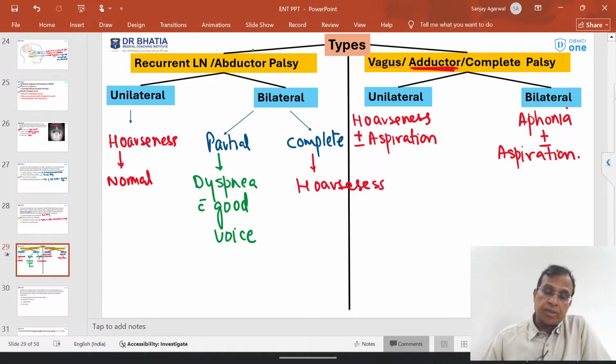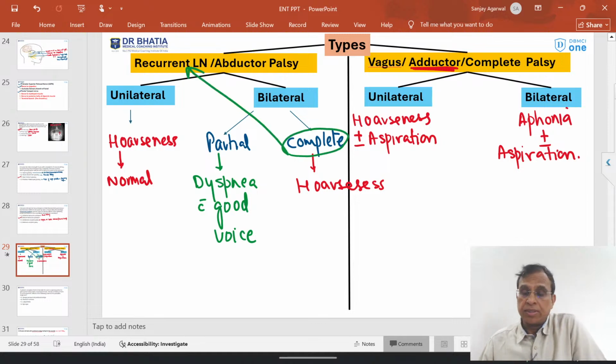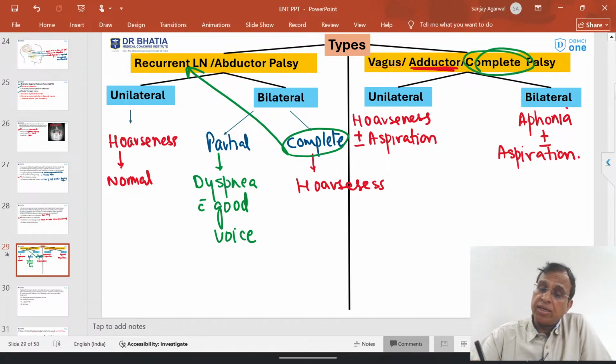Okay. Now don't get confused. Complete bilateral palsy of the recurrent nerve versus complete palsy only, which is the other name for adductor palsy.